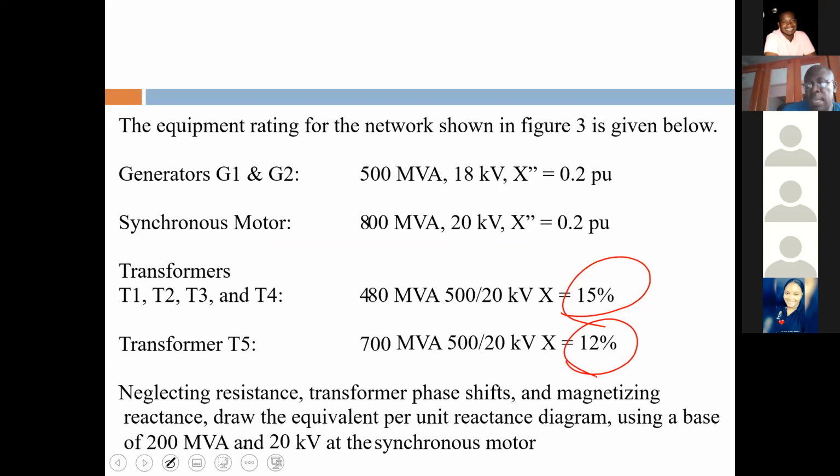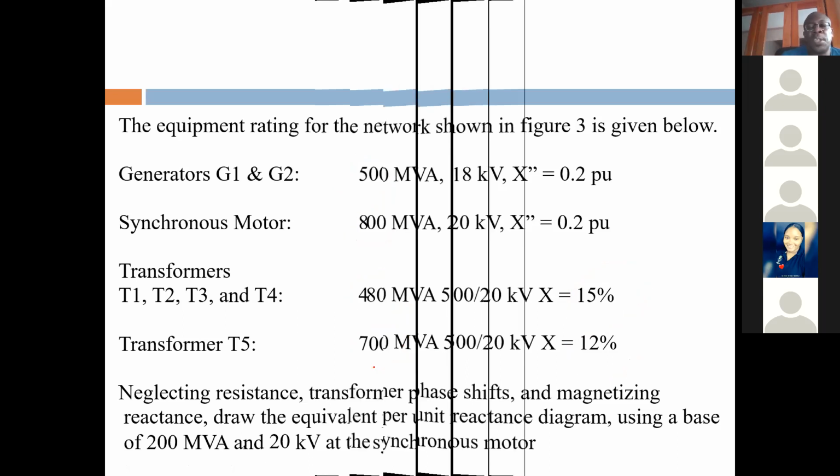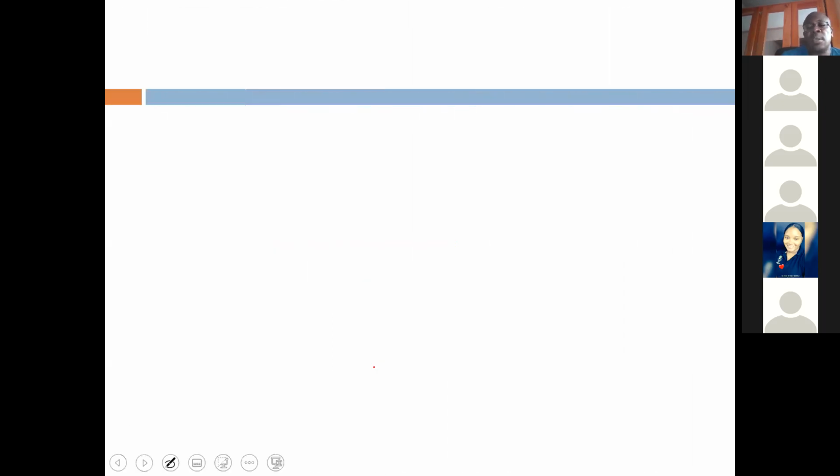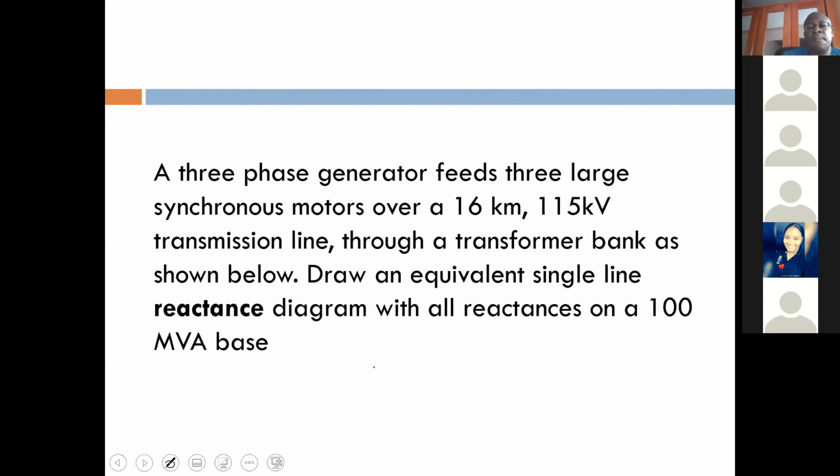And for the other question, you note I have given you various MVA values. Again, this is not to make your life difficult. What I'm doing here is to force you to do repetitive actions so that it will become commonplace to you.